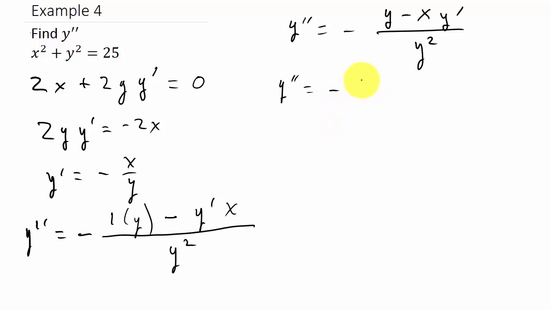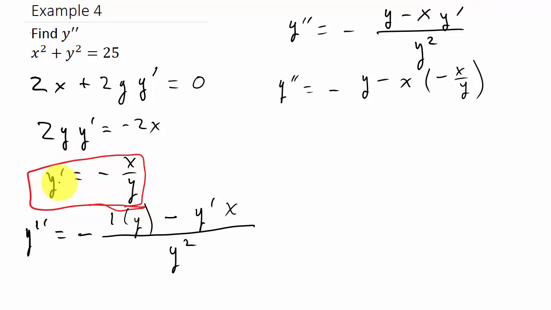It's going to be negative, y minus x times y prime. I want to get this y prime out of here, so that's going to be times negative x over y. How did I get that? Y prime is negative x over y, so I just plug this in for y prime, and that's all over y squared.